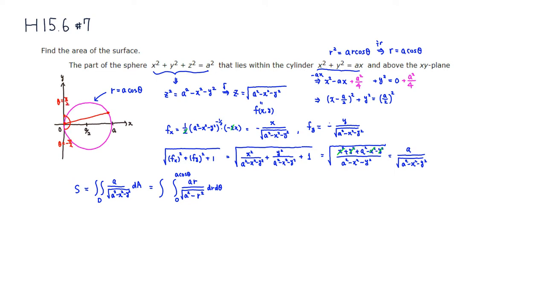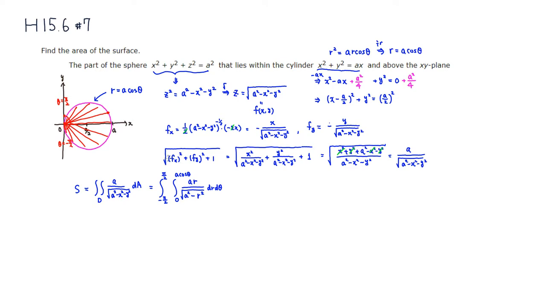So that way we can sweep the entire disk like this. So we go from negative pi over 2 to positive pi over 2. All right, so we got that.